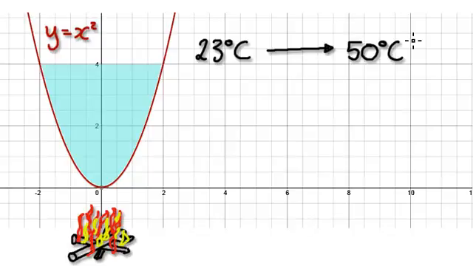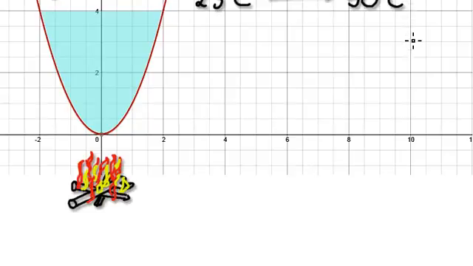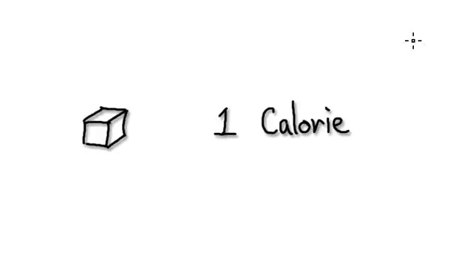Okay, so now we're going to develop a way of working that out. One calorie is defined as the amount of energy needed to raise... let's say this is 1 centimeter here, and the depth here is 1 centimeter.